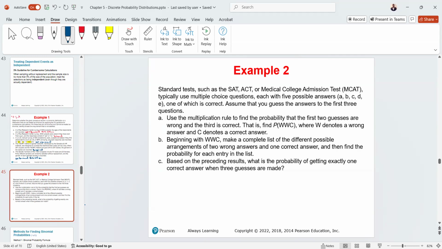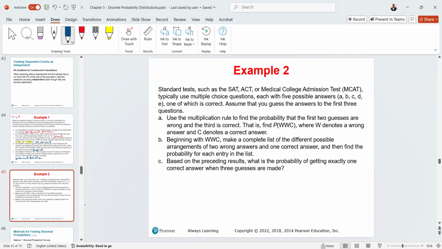Sorry about that. In this example, what we're going to do is answer the questions designed to help understand the rationale for the binomial probability formula.